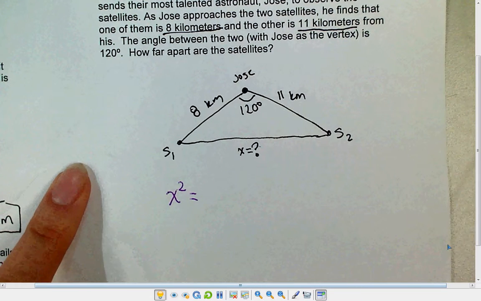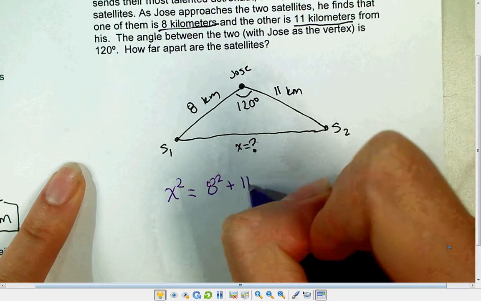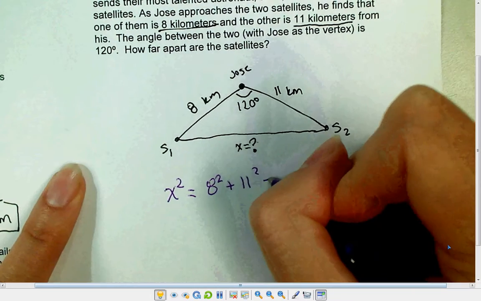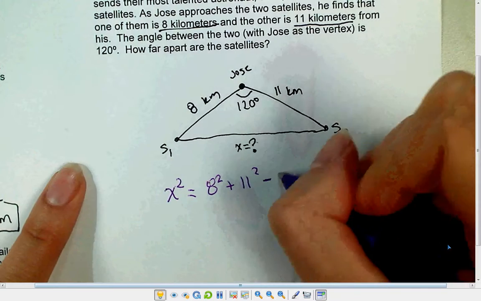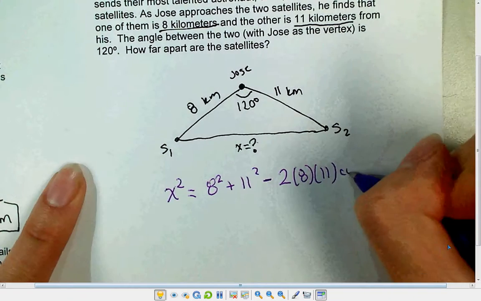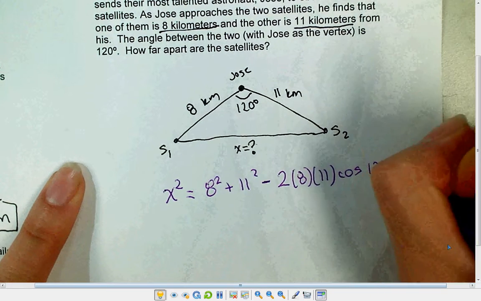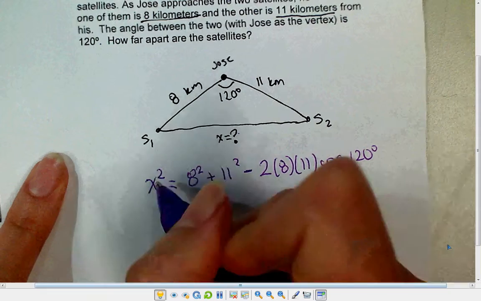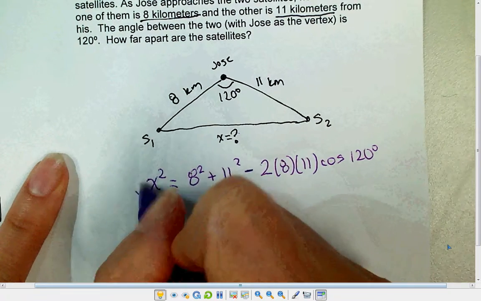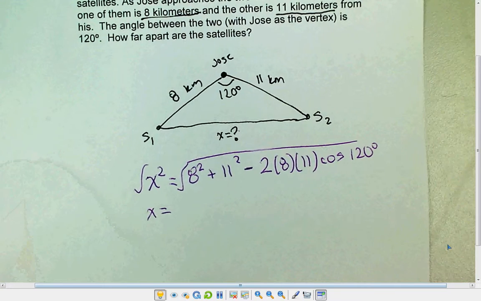So we have x squared equals the other 2 sides, so 8 squared plus 11 squared, minus 2 times those 2 sides again, so 8 and 11, and then cosine of the opposite angle, which is 120 degrees. And to get x by itself, we're just going to undo the squared with the square root. We're going to put all that into our calculator.